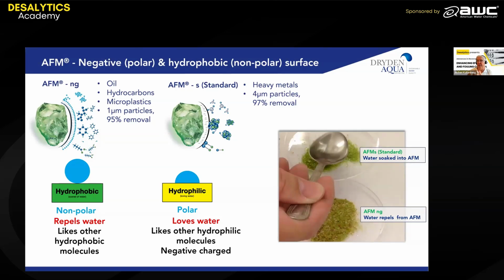The standard is better for heavy metal removal, removes particles down to 4 microns, with up to 97% removal efficiency. The hydrophilic one is the AFM standard, it's negatively charged. The hydrophobic version is neutrally charged, but it can remove oil and hydrocarbons quite efficiently, as well as microplastics, down to particles of 1 micron, with up to 95% removal efficiency.